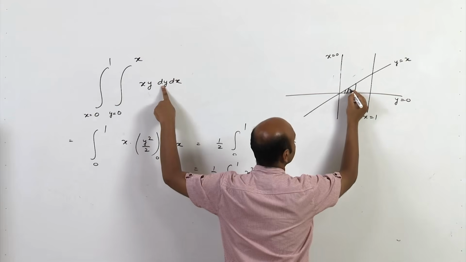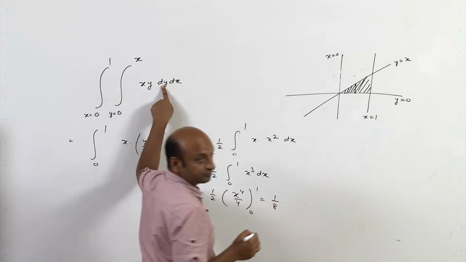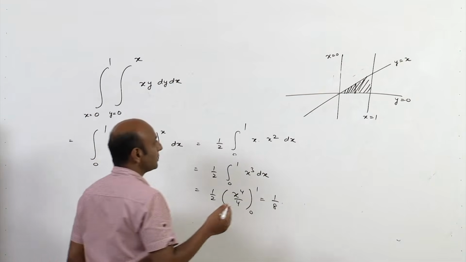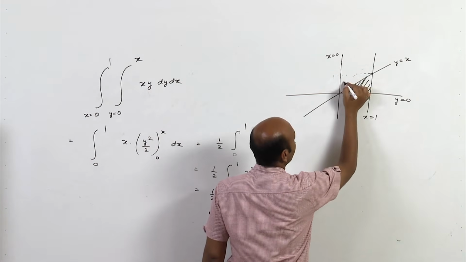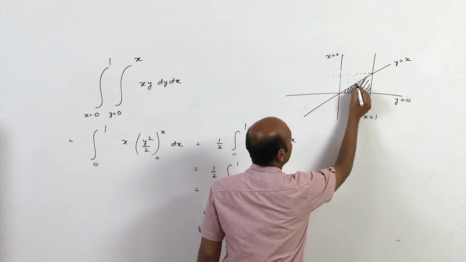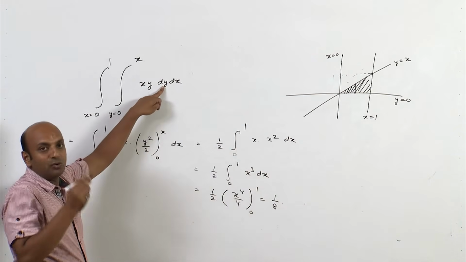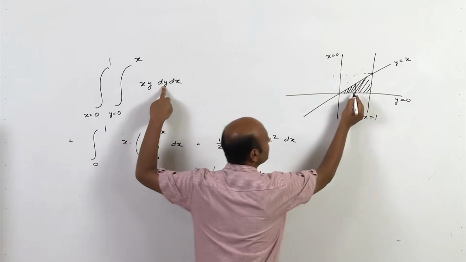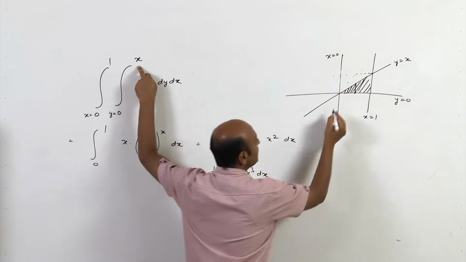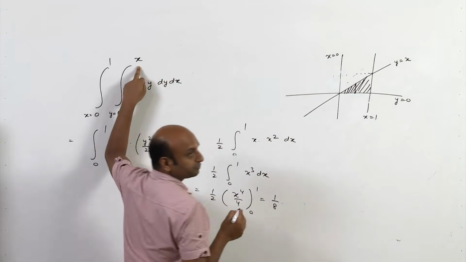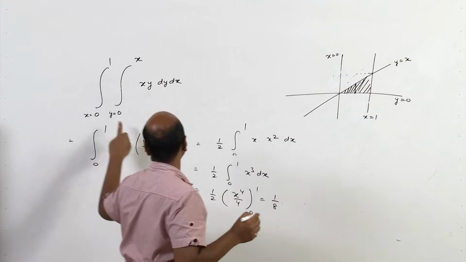So, this is the region. Because in order to check whether this is this triangle or the above triangle, you take a strip parallel to the y axis, because dy is there first. Now, here y is 0 and here y is x. So, y is 0 to x and x is varying from 0 to 1. So, this shaded region is this region R.